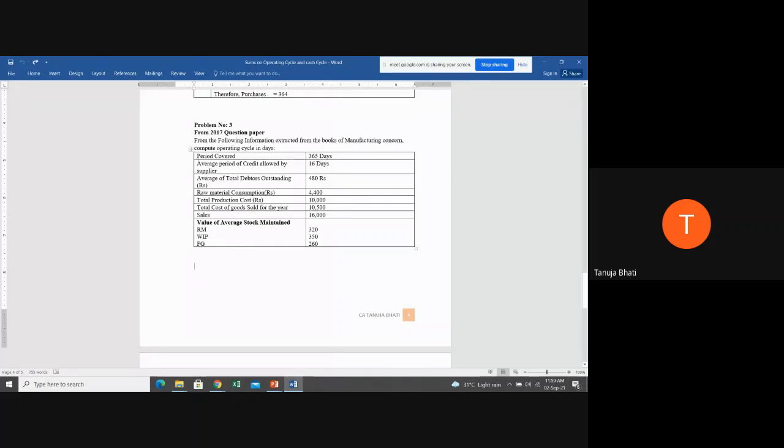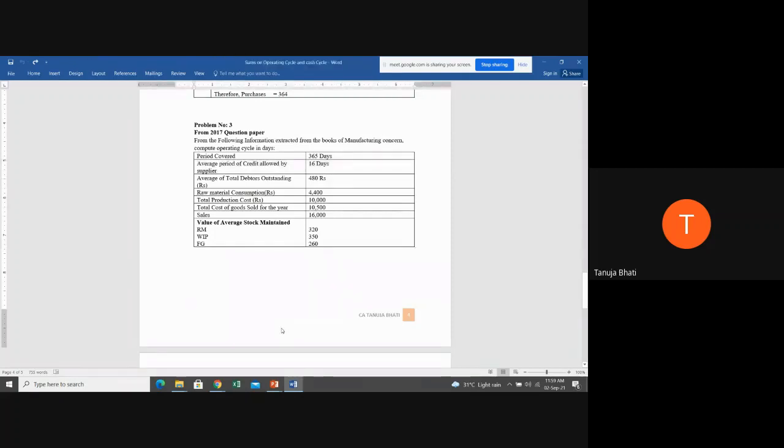When we are purchasing goods on credit, the supplier will give us some credit period, right? That credit period is directly given as 16 days.